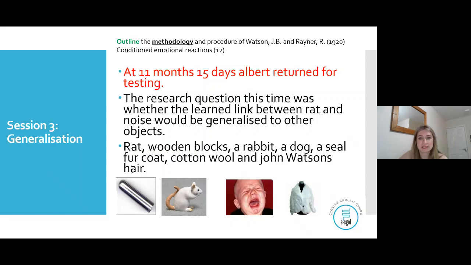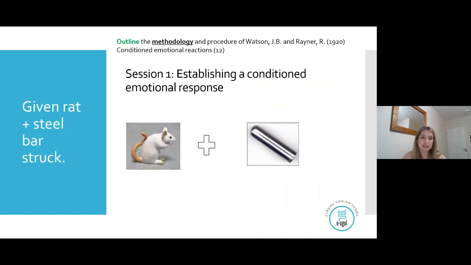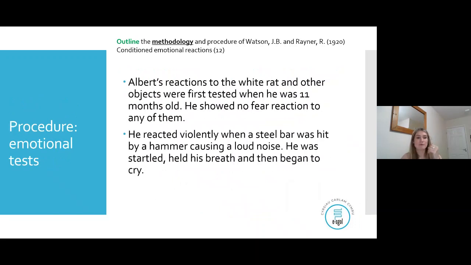11 months and 15 days, Albert returned for some testing. The research question this time was whether the learned link between the rat and the noise would be generalised to other objects. So I want you to remember, session 1, first of all, what they did was the emotional tests.